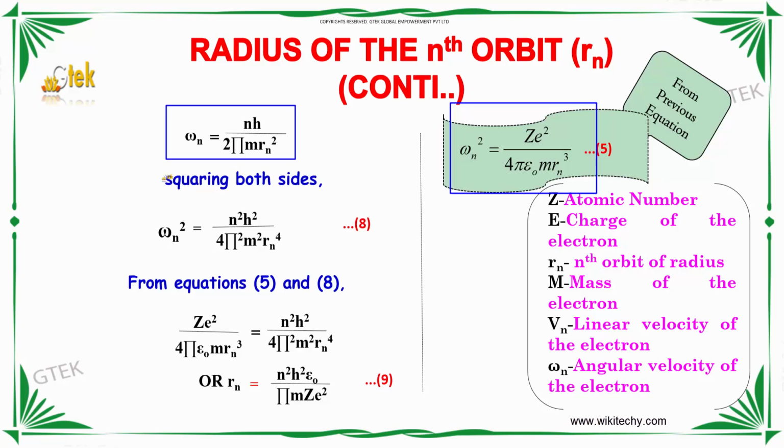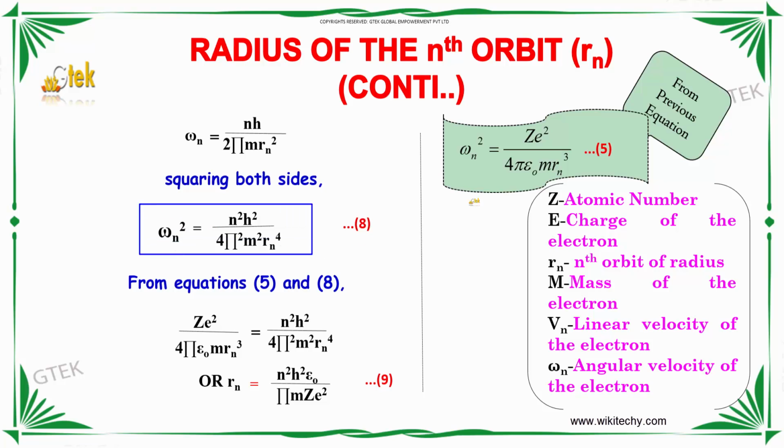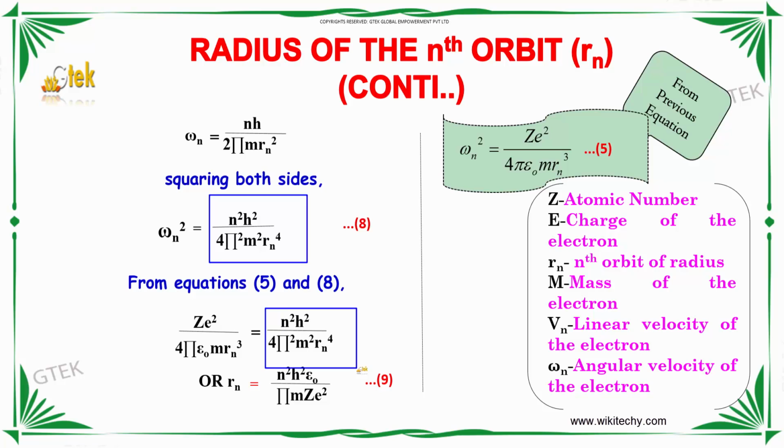So squaring both sides, you will get omega n square equal to n square h square by 4 pi square m square Rn power 4. So equating equations 5 and 8, you will get Ze square by 4 pi epsilon naught m Rn cube, which is equivalent to n square h square by 4 pi square m square Rn power 4.